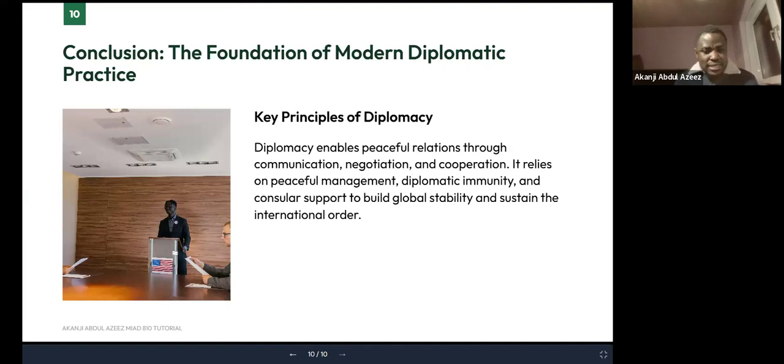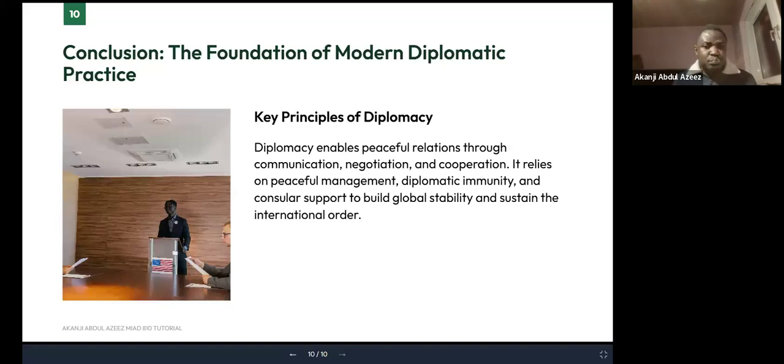The main characteristics I mentioned are peaceful negotiation, representation, communication, and protection of national interest. Then we talked about diplomatic immunities and privileges, which are provided to diplomats. They are legal protection necessary for diplomats to perform their duties.